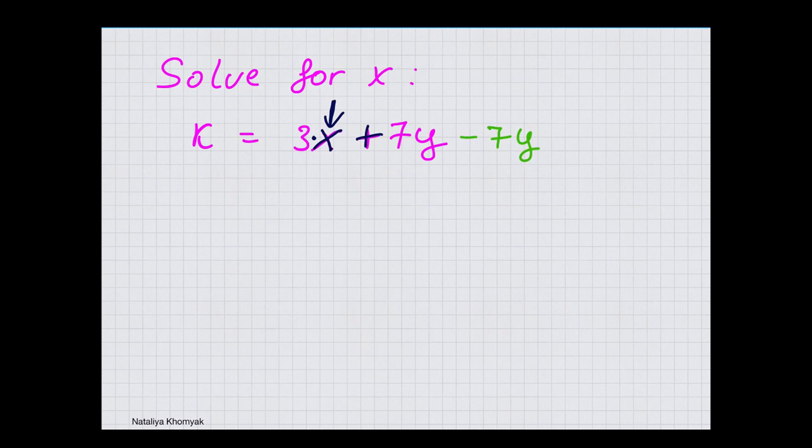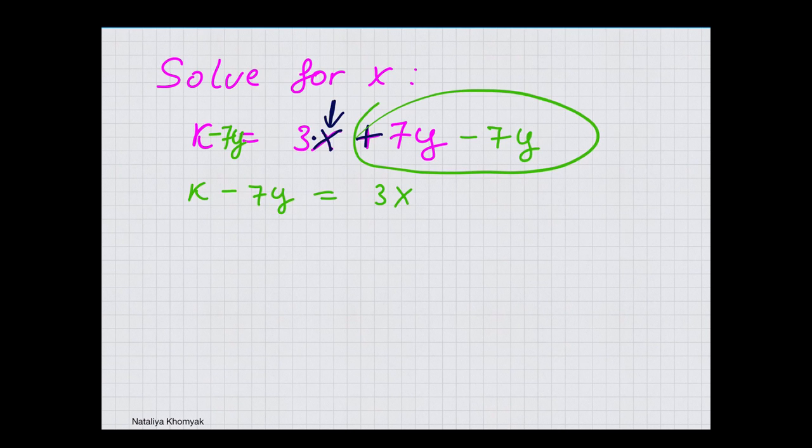Whatever you do to one side of the equal sign, you want to do the same thing to the other side of the equal sign. So now we have k minus 7y equals 3x plus 7y minus 7y. These add up to 0.